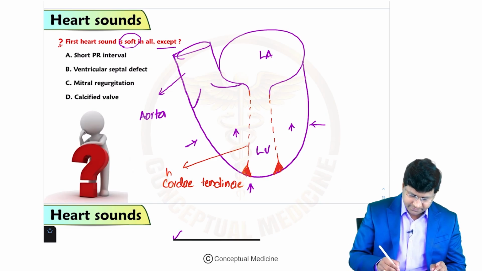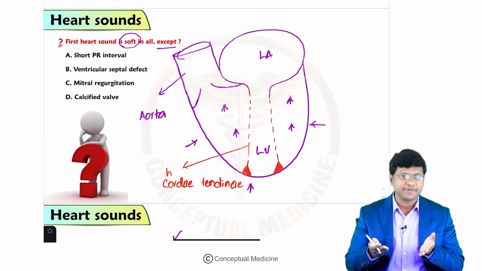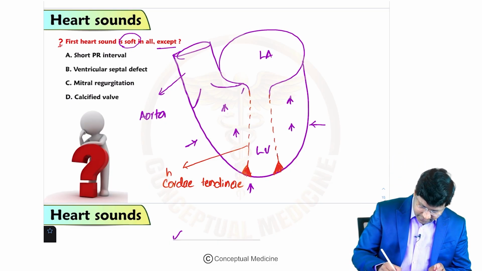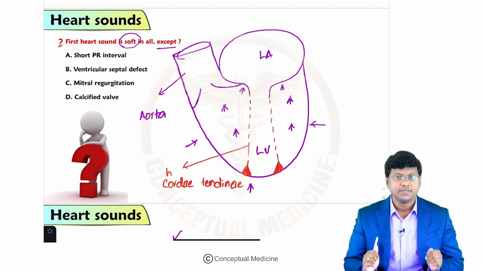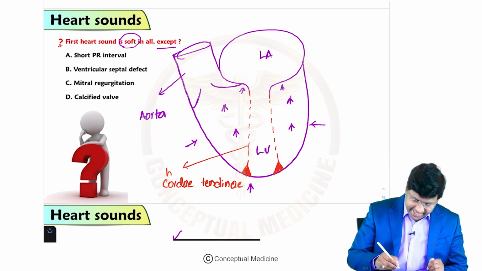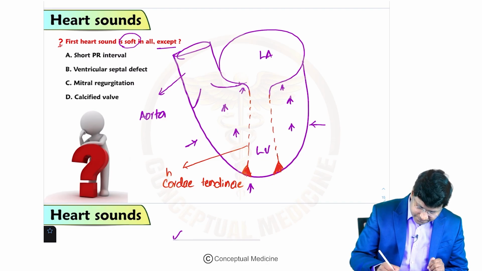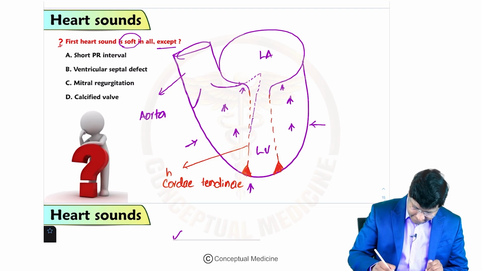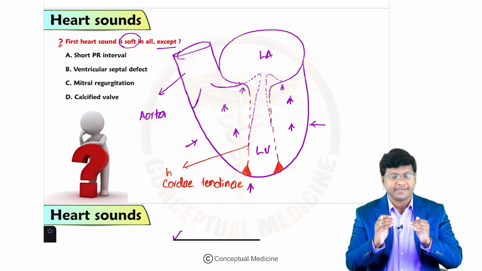So whenever there is pressure rise within the ventricle, that increased pressure will go and hit the ventricular surface of the mitral valve, and thereby the mitral valves are pushed into the atria.